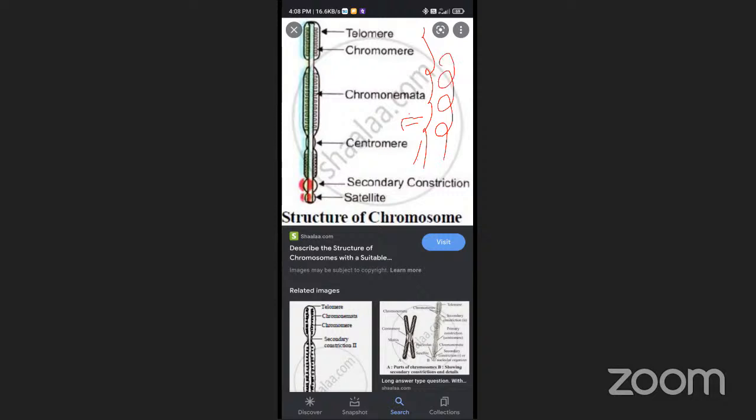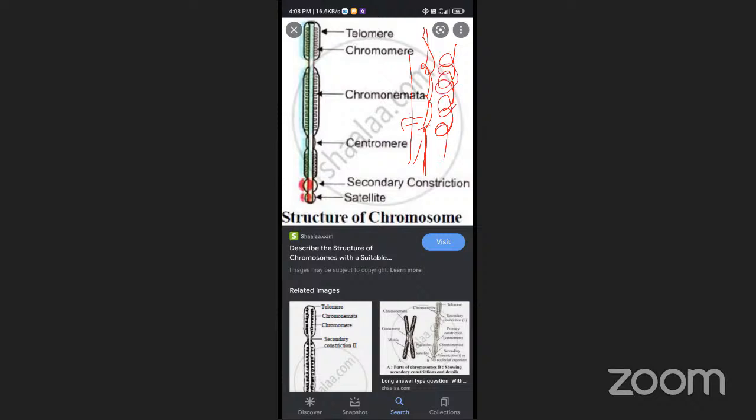This is just the structure of chromatin threads. Chromatin threads loosely coiled like this. This is chromonemata, somewhat straight. It is chromatin, but it shows some foldings. That is called chromonema, and chromomeres are completely beads like a chain, like this.